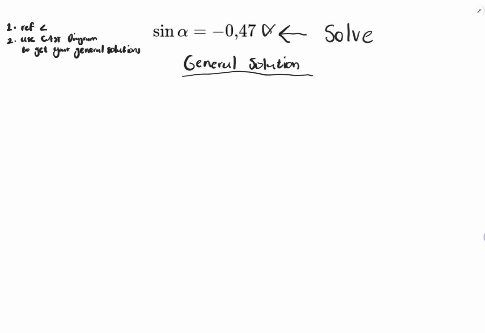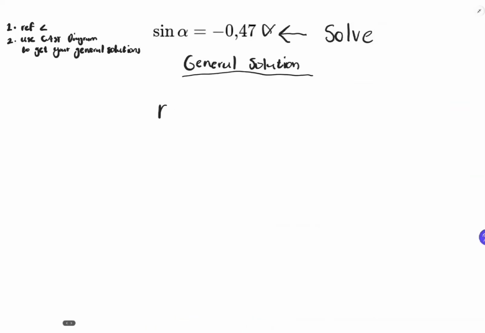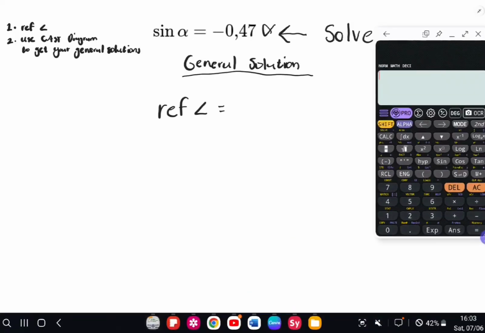Cool. So if we pull out our calculator, in order to get the reference angle, when you're given a negative number, ignore the sign, ignore that negative. We just want to work with that number only.